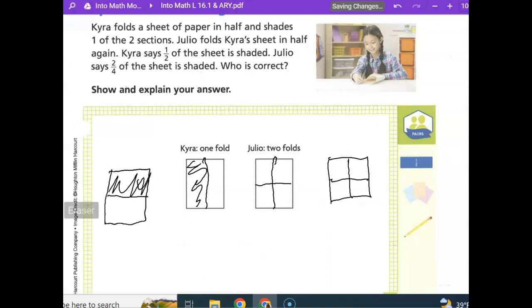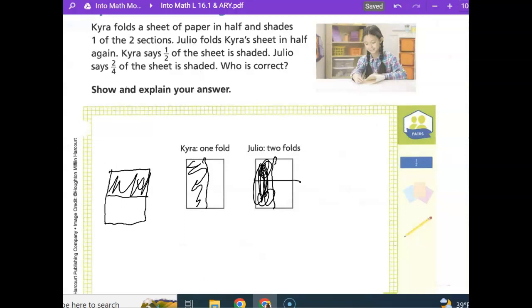So it looks like that one. And he's going to shade 2/4 of it. So 2/4. One, two. So the question is, who is correct?